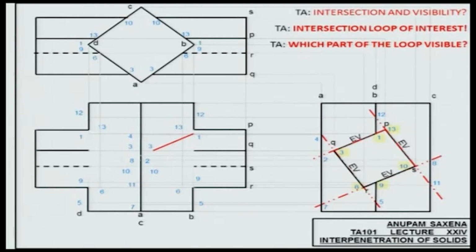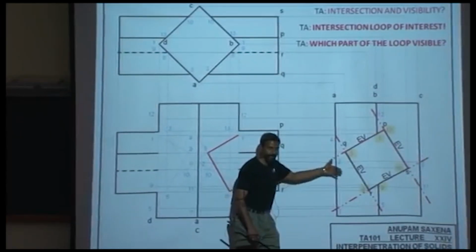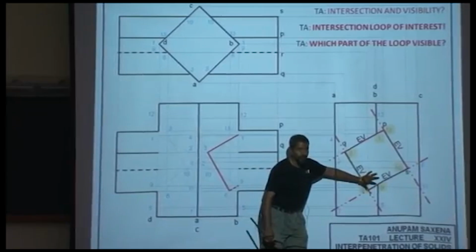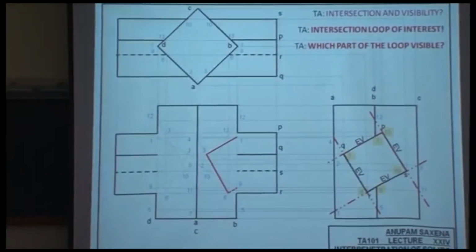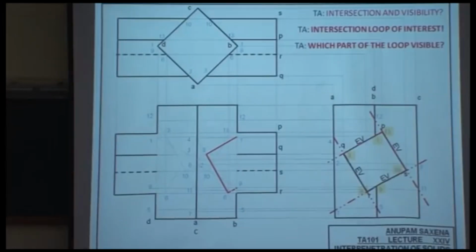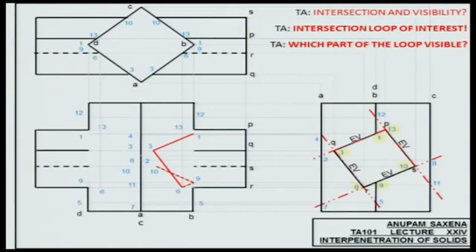Is that going to be visible? Now 6 to 9. It will be a hidden line because it's going to be on the back side of this prism. If you are looking at the assembly from here, this is going to be behind. 9 to 10, visible, not visible? 10 to 13, visible, not visible?